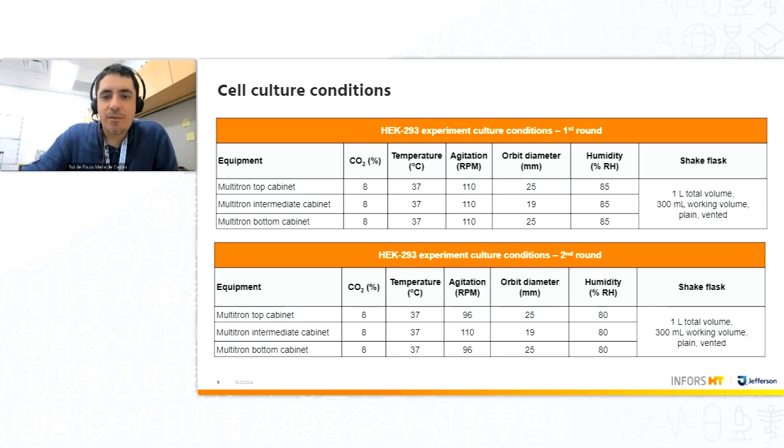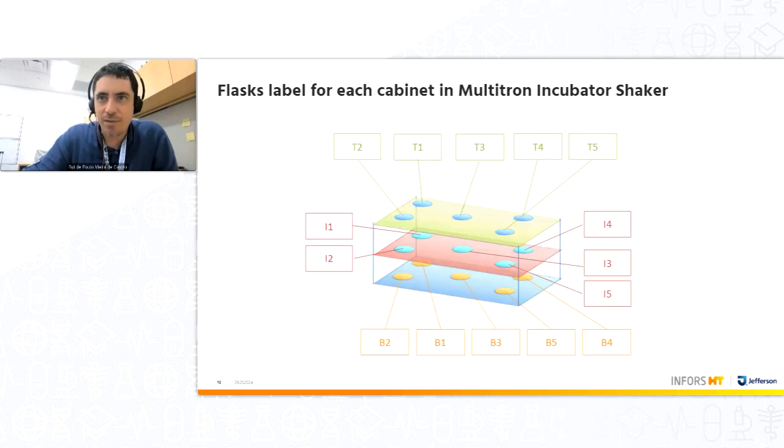For all the experiments, we used 1 liter plain vented shake flasks with 300 mL working volume. Something else: we tested different positions for the shake flasks inside the incubator, one shake flask on each corner and also a flask at the center.